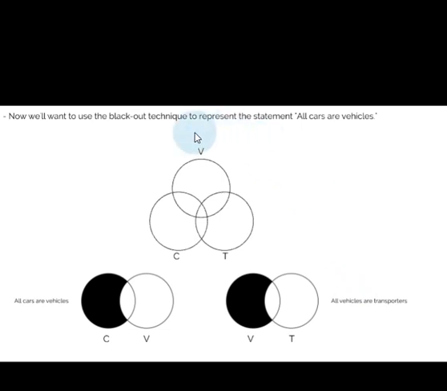Well, then let's just look at the three circles and use the black cow technique to represent the statement, all cars are vehicles. And when you do that, just ignore the V circle entirely. Okay? You're not going to be affected by it. You're going to fill it out in the same way. All cars are vehicles. What do we have to do to represent that? Yeah. Just black out everything in the C circle.